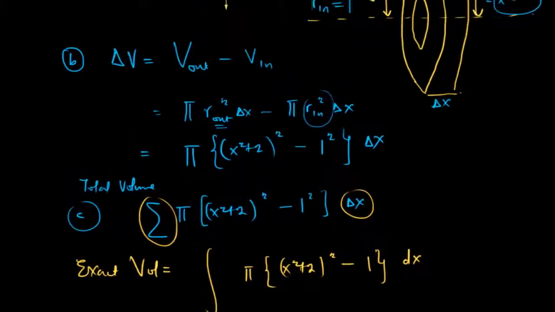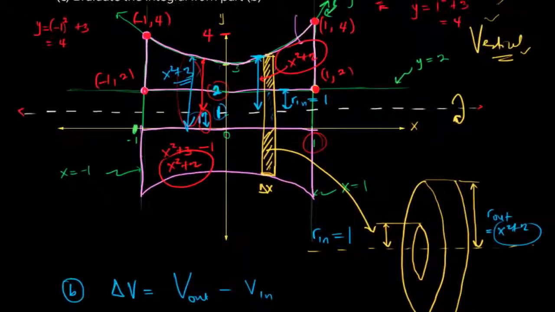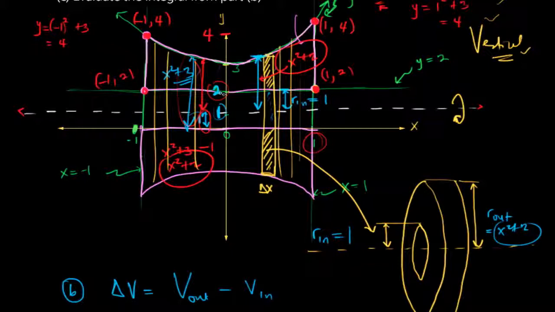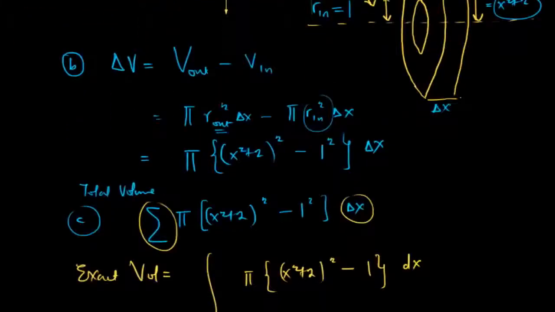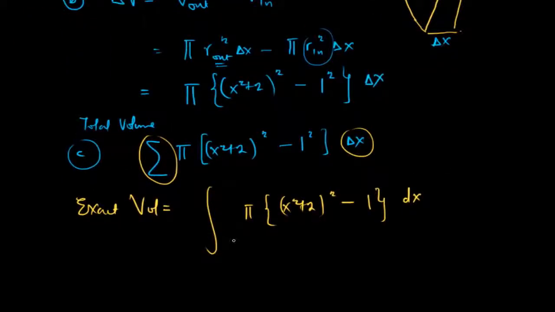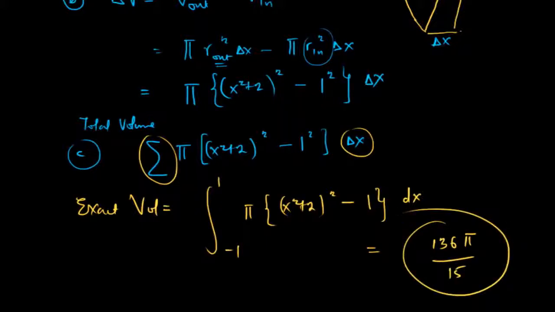My x runs from where to where? You can see there are lots of things going on in here, so it's going to run from negative 1 to 1. When you evaluate this, it gives you 136 pi divided by 15. So this is your final answer.